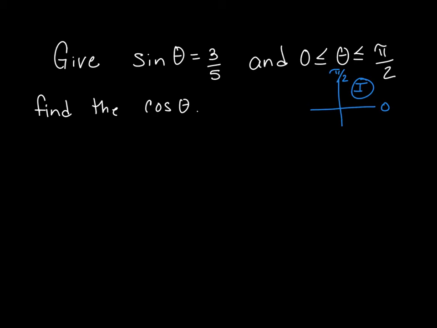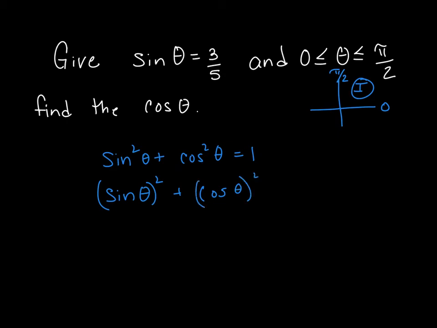So going through and looking at the identity that I need, the identity here is the sine squared of theta plus the cosine squared of theta is equal to 1. And remember what I said in the last slide, this means sine of theta, quantity squared, plus cosine of theta, quantity squared, is equal to 1.